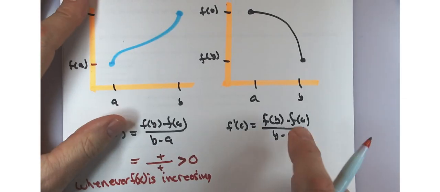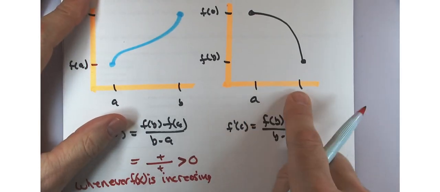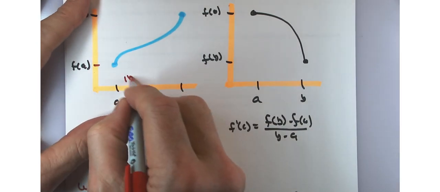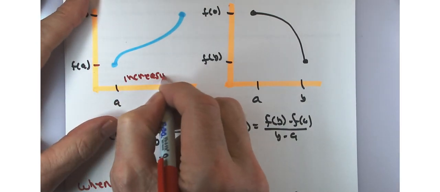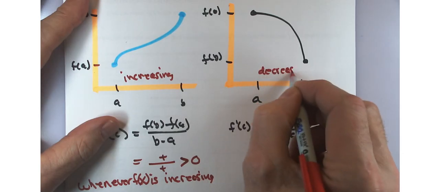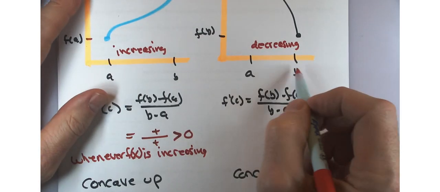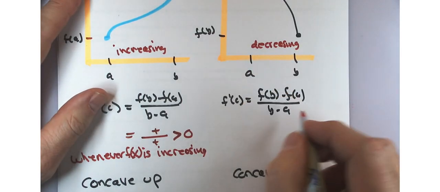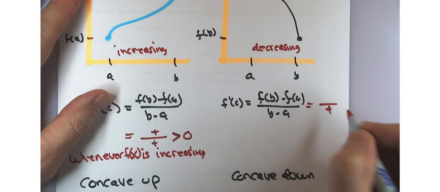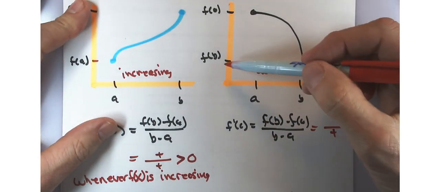Well, on the flip side of things, if you have a decreasing function, so here's your increasing function, here's your decreasing function, b minus a, right minus left, is always going to be positive. So we got that's positive. But how about f of b minus f of a?